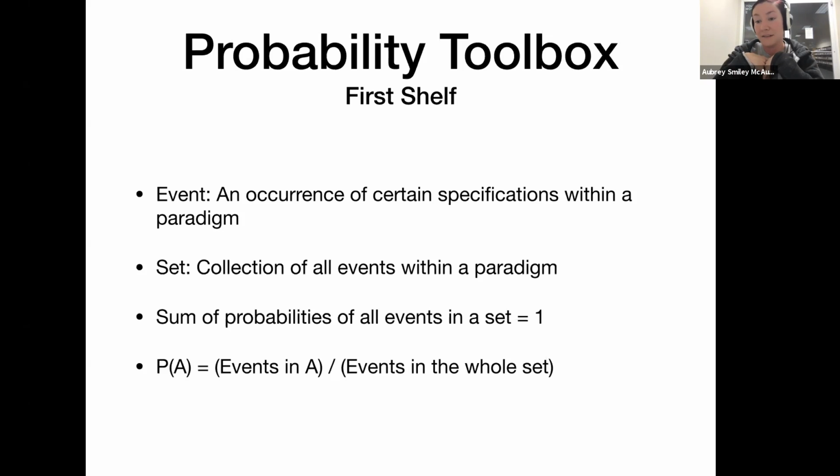And if you go outside of the set, then that's a different set and we're not worried about it. And the probability of event A is the number of events that qualify as A divided by the number of events in the whole set. This may seem obvious, but just keep in mind that this is the way we calculate simple probability later on for those tricky word problems.